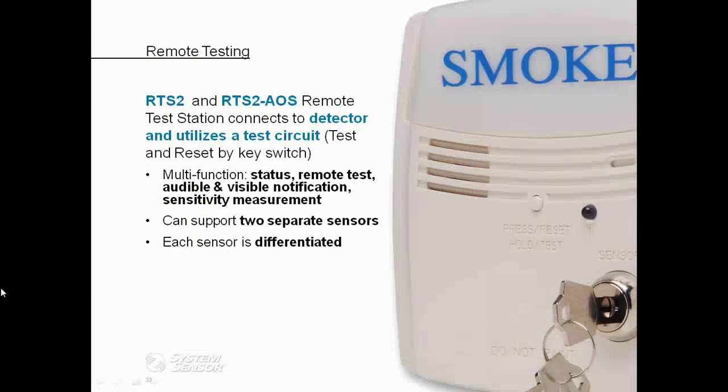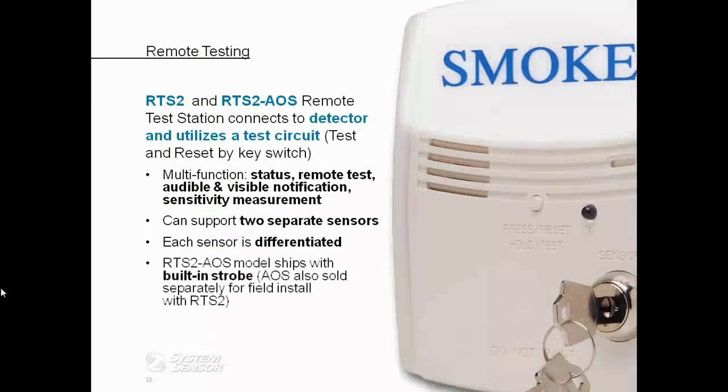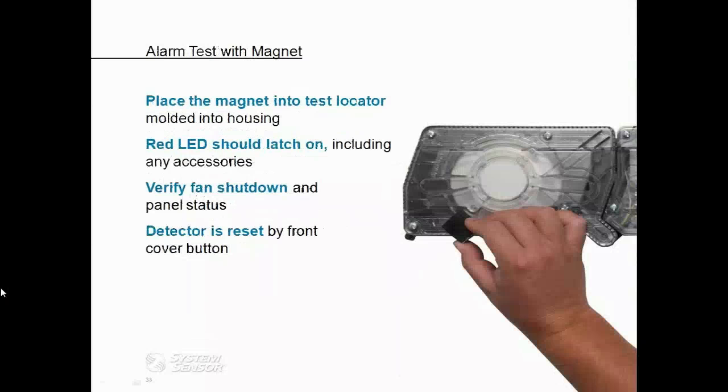So the key allows you to select sensor 1 or sensor 2 in order to perform the push button test, and then you have 2 separate LEDs that will differentiate the status between each of those installed sensors. Just keep in mind, with the RTS2 models, you can only monitor 2 sensors when you're utilizing the 2-to-1 feature back to that 1 power board. You cannot monitor 2 full separate duct smoke detectors.